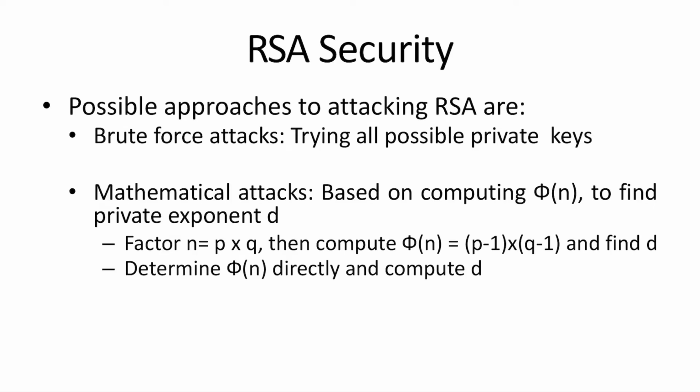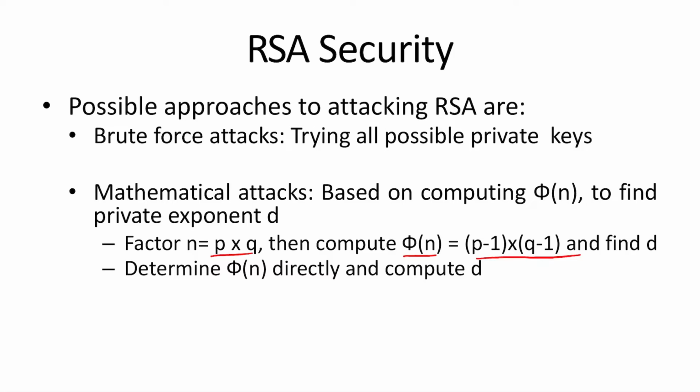The other type of attacks are mathematical attacks, which are focused on finding the Euler's Totient function of n, or phi of n, so that the private exponent d can be calculated. There are two approaches for this. First one is trying to factor the modulus n into prime numbers p and q and finding phi of n, or Euler's Totient function of n, as p minus 1 times q minus 1, to then find d.